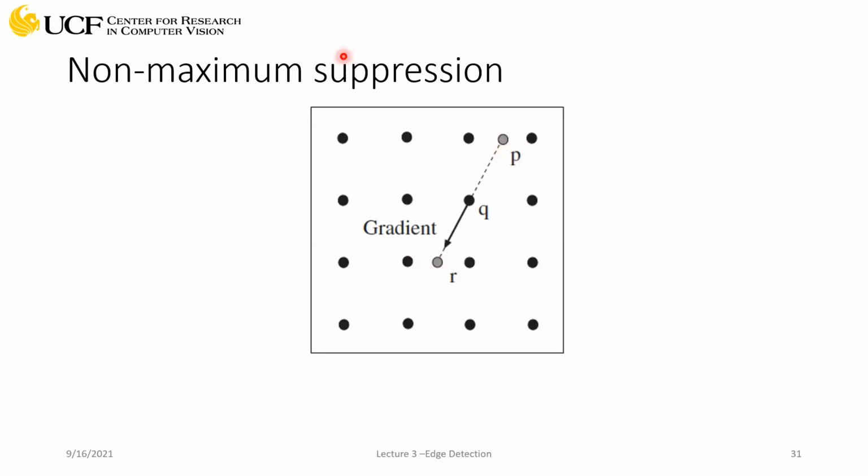I think there is a question from Fernando: how do you color a pixel that intersects two edges? If it's intersecting two edges, then it will not be an edge.